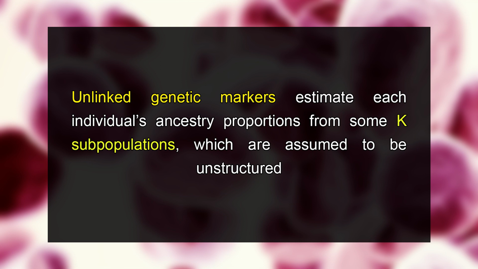The method is supposed to involve the use of markers that are not linked to the marker being tested for a possible association. It is also possible to use unlinked genetic markers to estimate each individual's ancestry proportions from some k subpopulations, which are assumed to be unstructured.